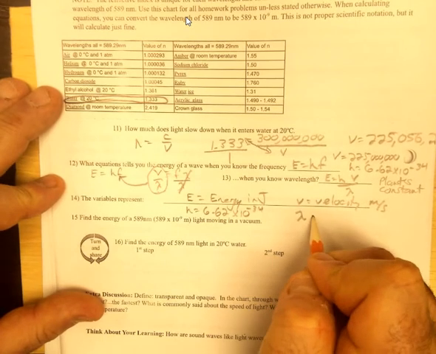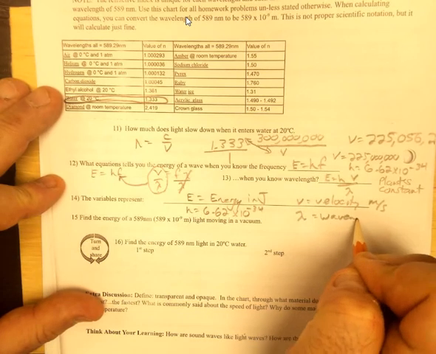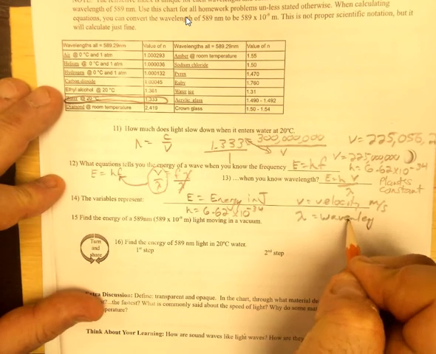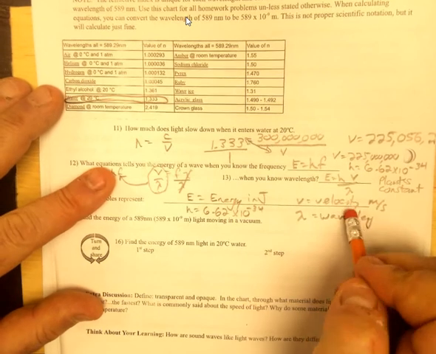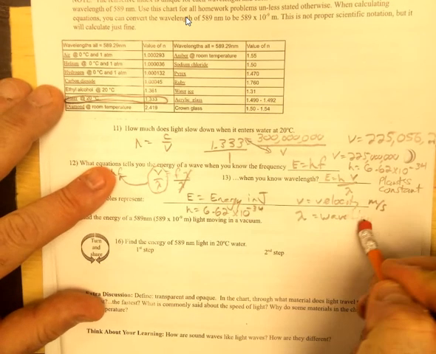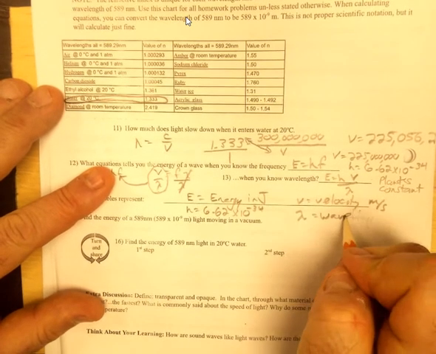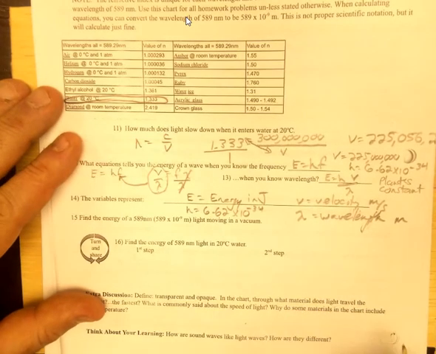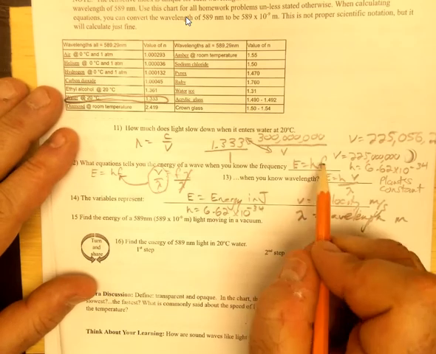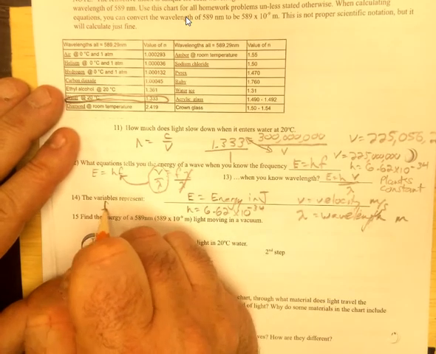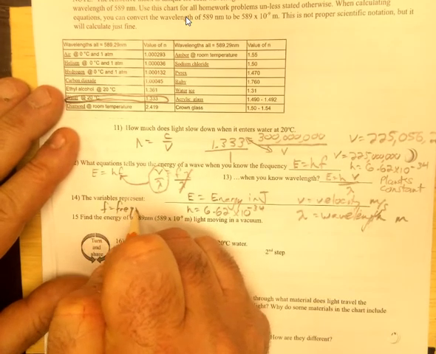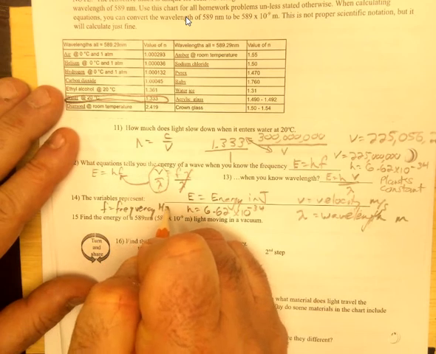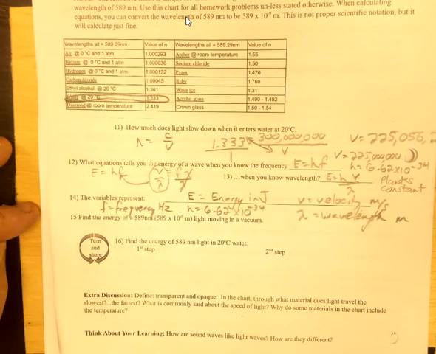And the lambda is the wavelength, in meters. This f here, I'll write it down. f is the frequency in hertz. That's the number of waves per second.